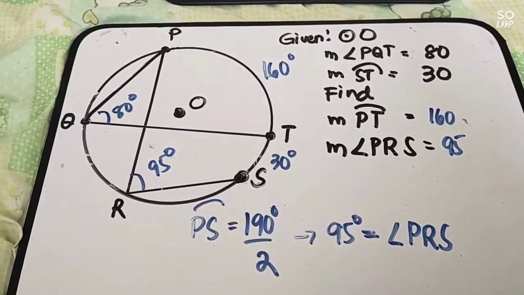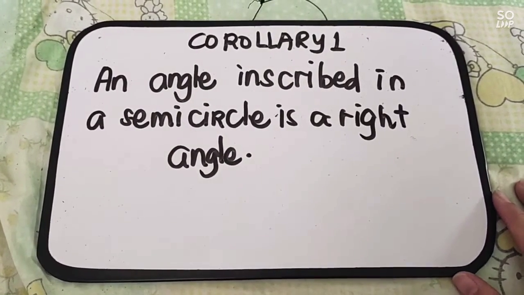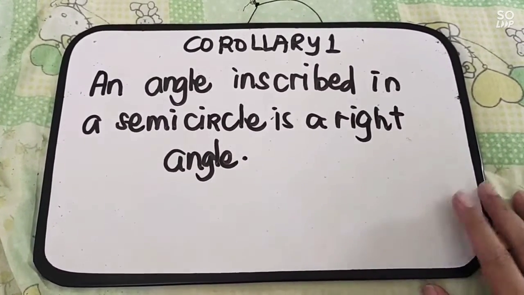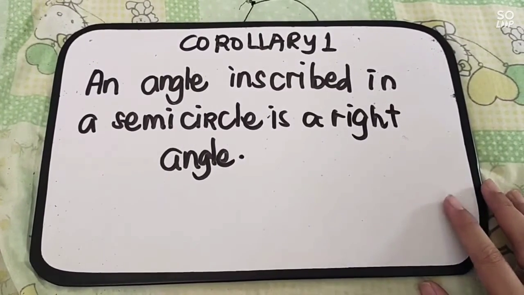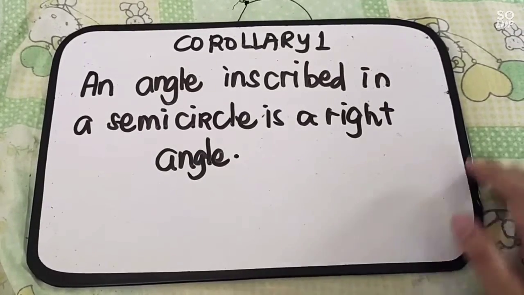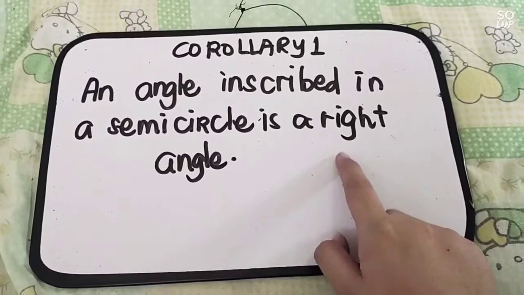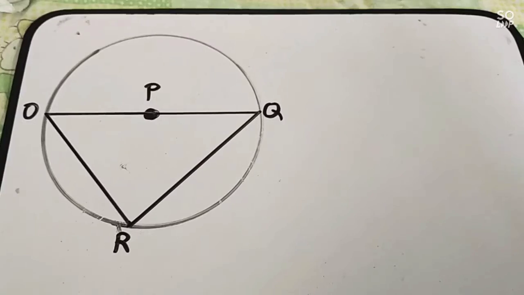Okay? In inscribed angle, meron tayong mga tinatawag na corollary. So, tatlo ito. We have the first corollary. Corollaries are the consequences of different theorems of inscribed angle. So, the first corollary: an angle inscribed in a semicircle is a right angle. What is it?